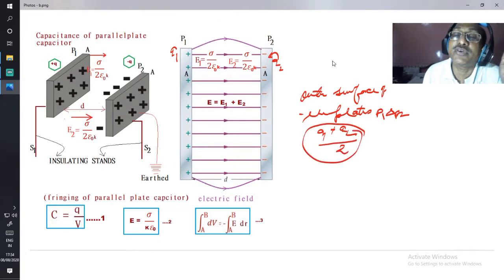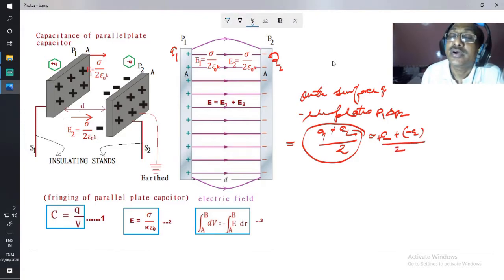This will be the amount of charge existing on the outer surface of the plates P1 and P2. Here Q1 is plus Q, whereas Q2 is minus Q.